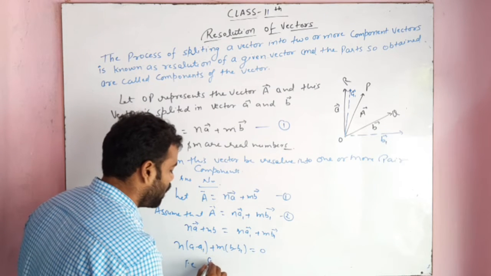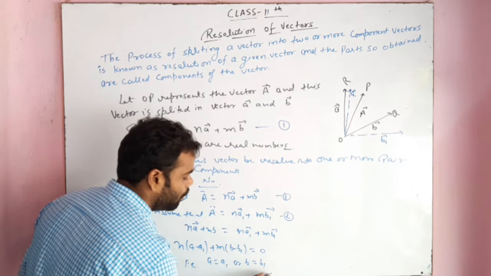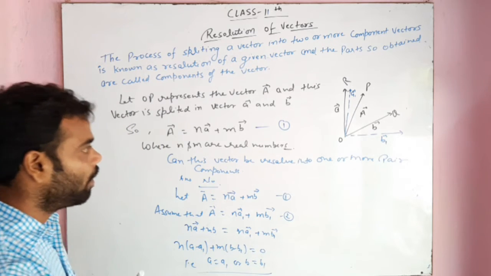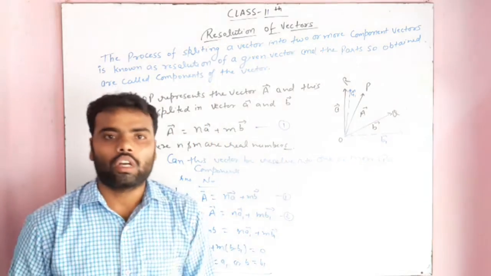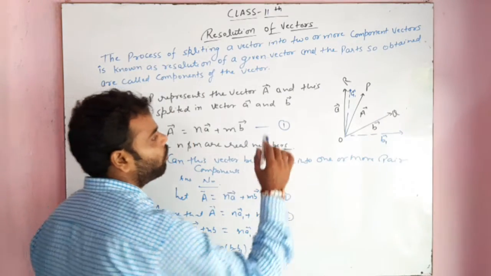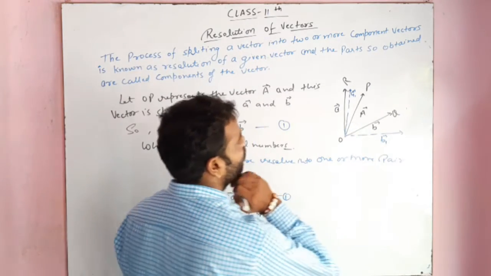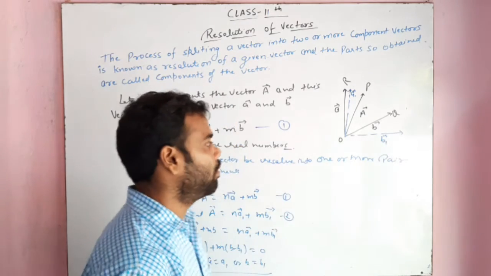It means A is equal to A1 and B is equal to B1, so the values of A and A1 are the same. So a vector A can be resolved into a single pair of vectors, which are the A and B vectors.